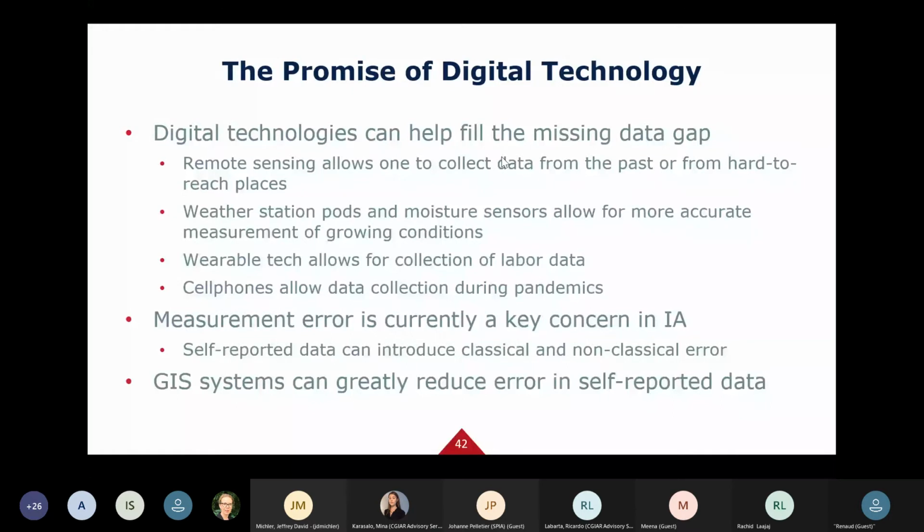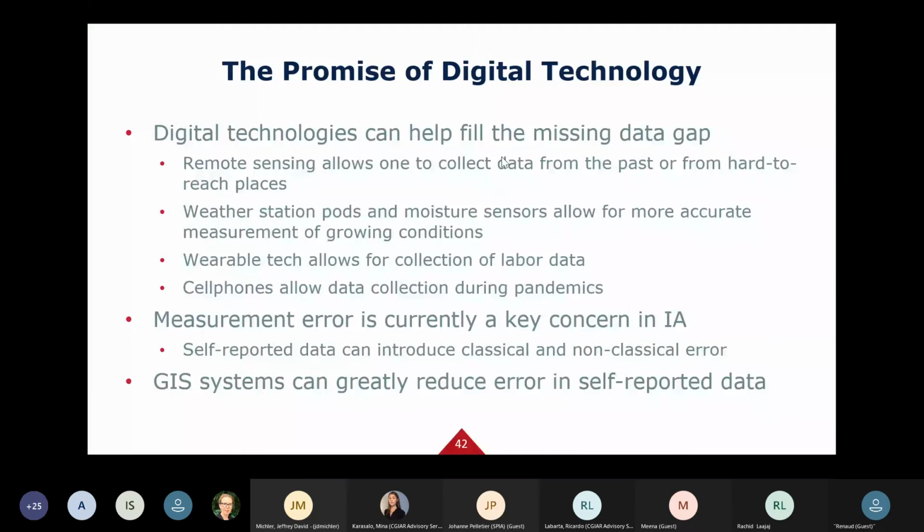In addition, these digital technologies can fill the gaps where we don't have standard socioeconomic survey data. They can also help address the issue of measurement error, which over the last 5 years has been a critical concern in the impact assessment community. Work by a number of different authors, Talip Kilic, Chris Barrett, and others, has shown that both classical and non-classical measurement error can introduce noise and bias into our results.